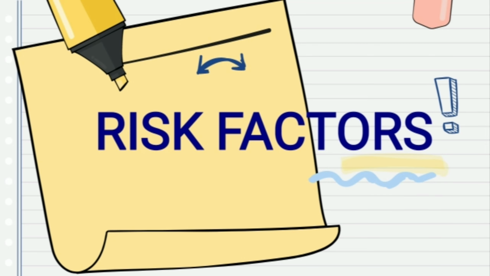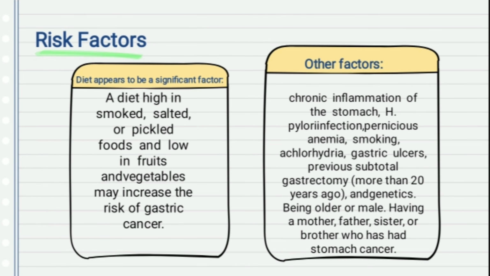So what are the risk factors of gastric cancer? First factor is the diet. A diet high in smoked, salted or pickled foods, and low in fruits and vegetables may increase the risk of gastric cancer.